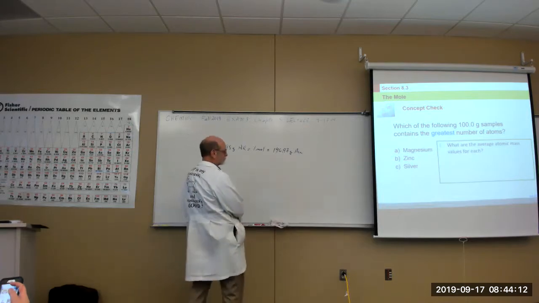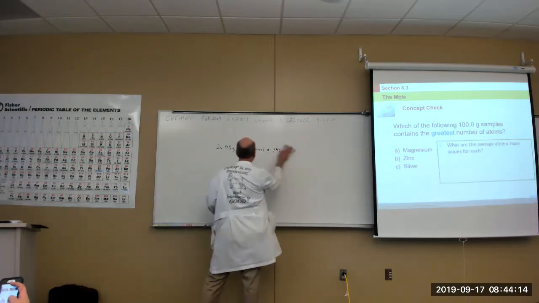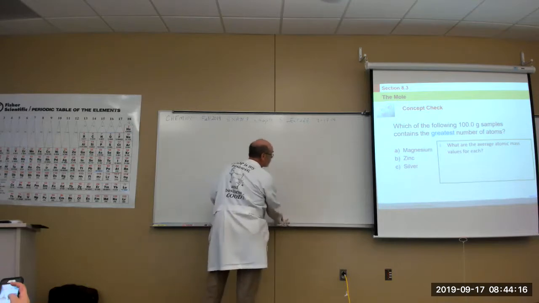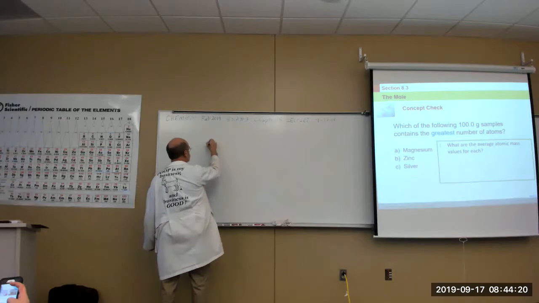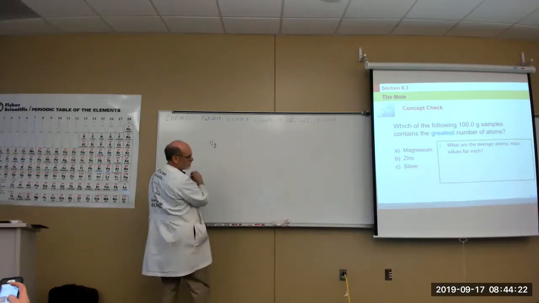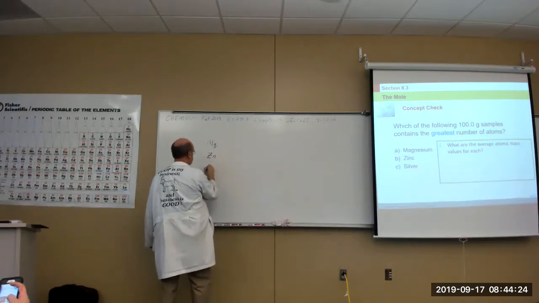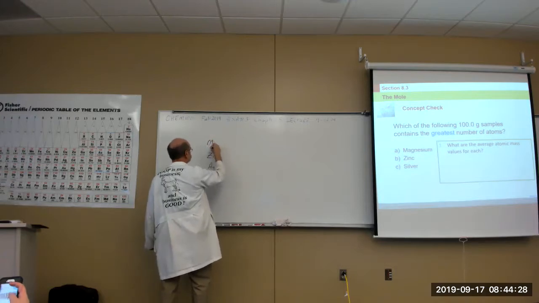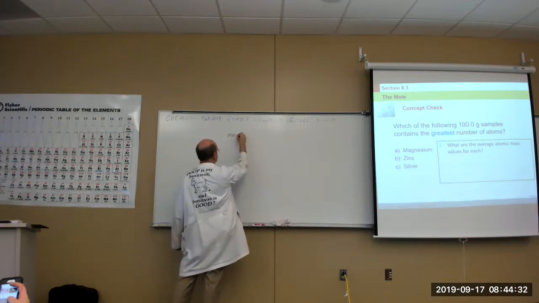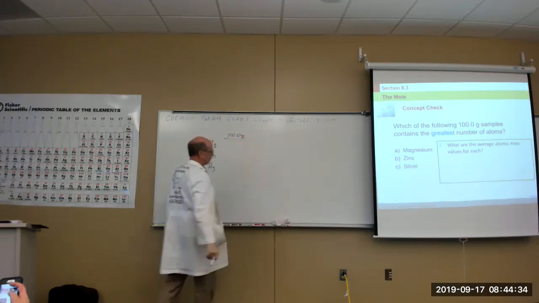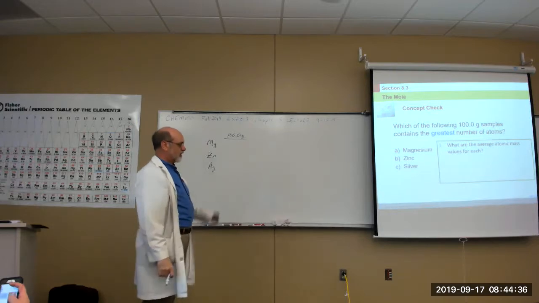So let's say we have a 100-gram sample of each one of these: magnesium, zinc, and silver. And you got 100 grams of each one. Numbers of atoms.